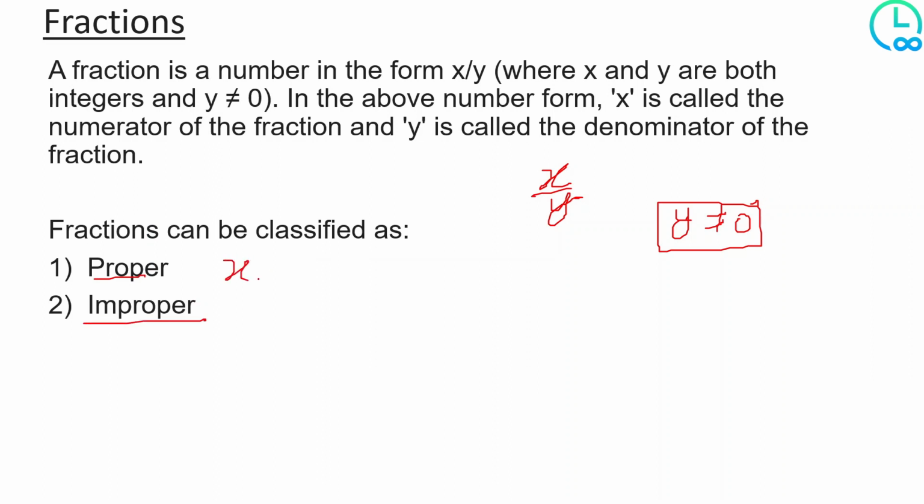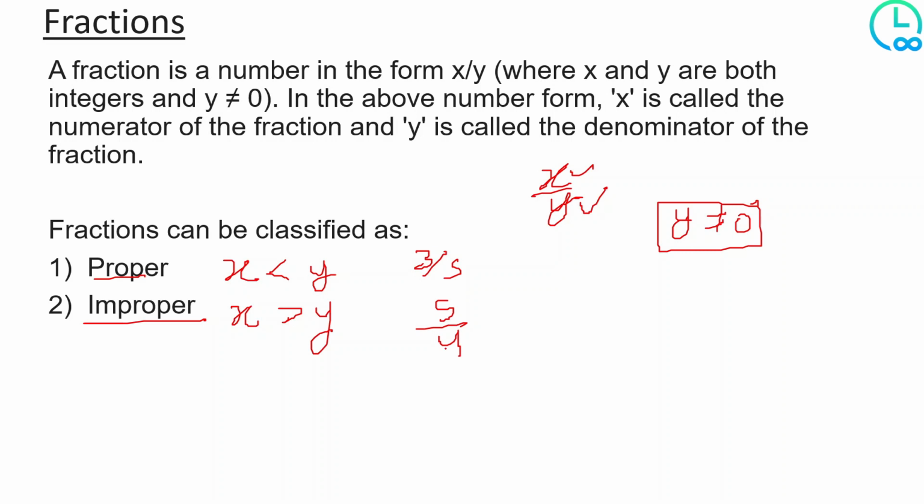Here x is called the numerator and y is called the denominator. When the value of the numerator is less than the denominator, this is called a proper fraction. And it is called an improper fraction when the value of the numerator is greater than the denominator. For example, this is a proper fraction, whereas this is an improper fraction.